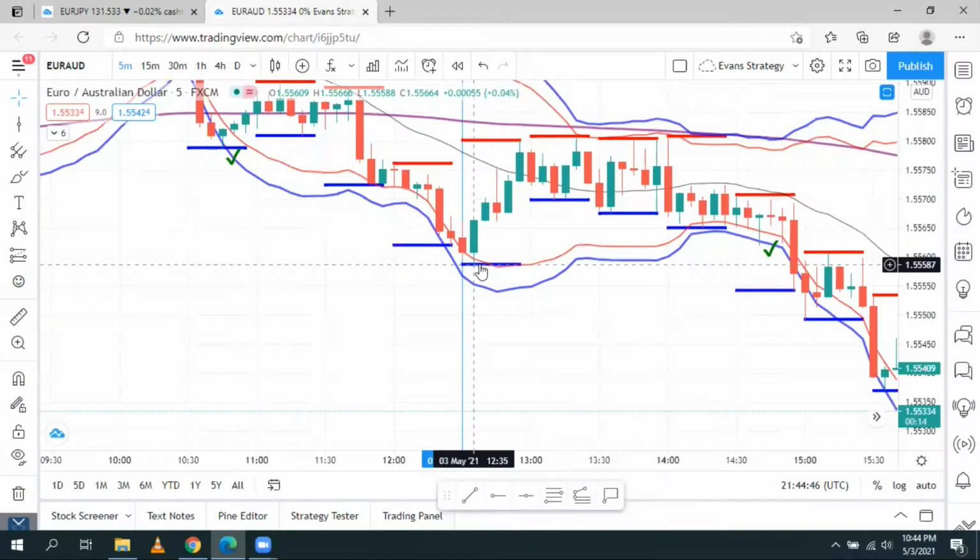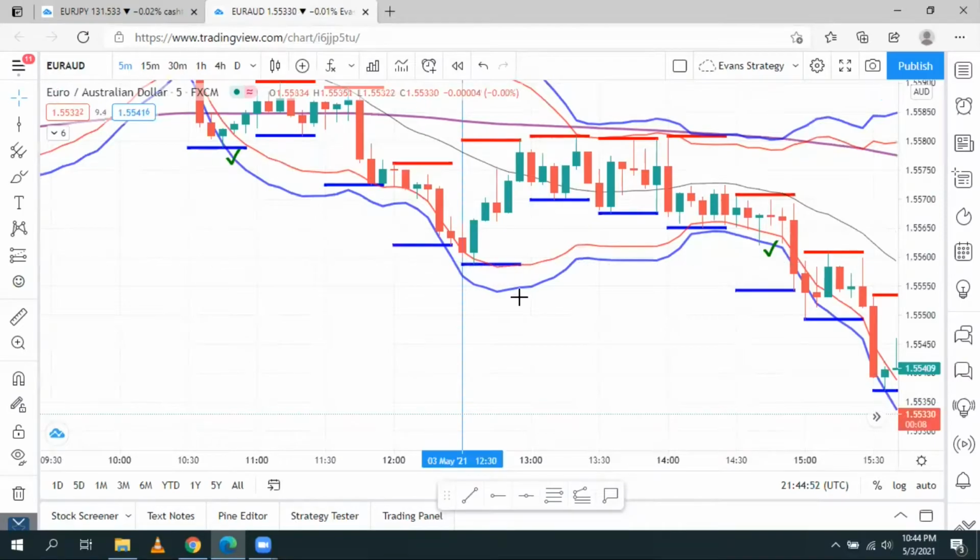That's why I said it is an automatic support and resistance. But the issue is you can't use that alone to take your trades because it's changing. After the market goes down, then it disappears.